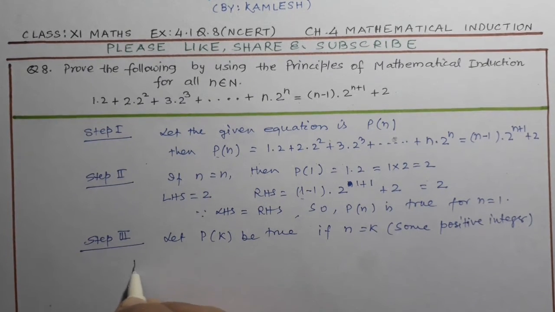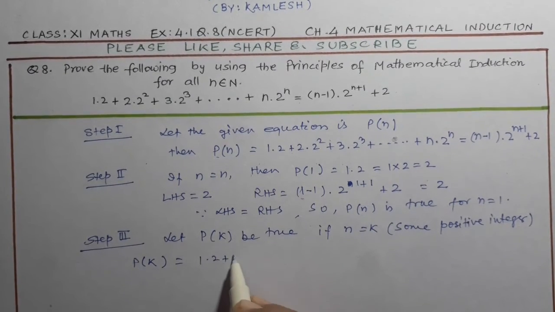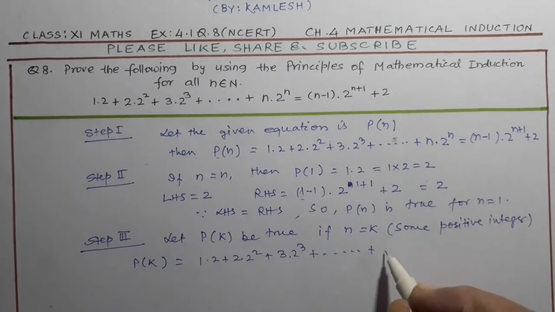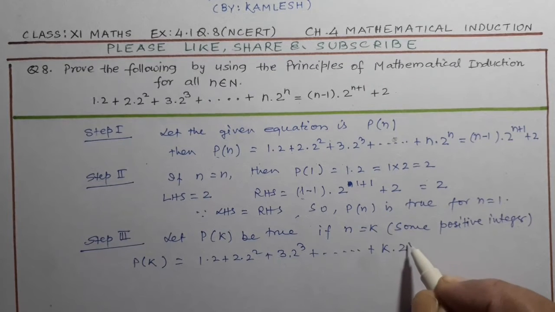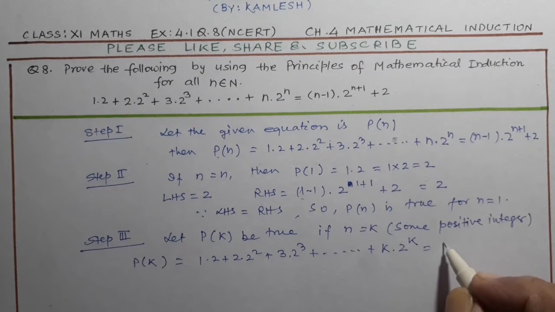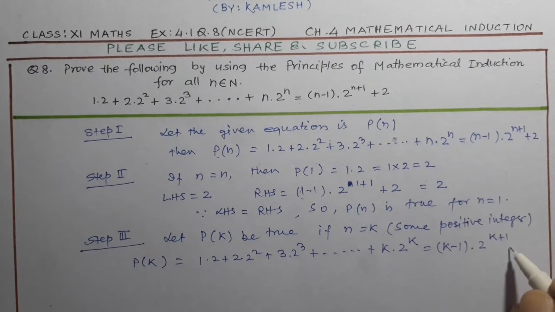So we write P(k) as 1·2 + 2·2² + 3·2³ + ... + k·2^k = (k−1)·2^(k+1) + 2, and this we shall write as equation 1, right?